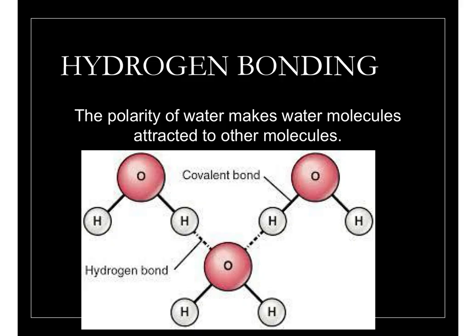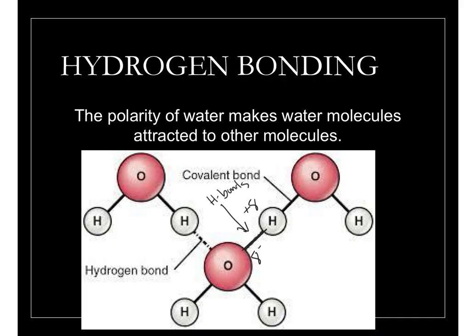When we have two water molecules, the partial negative charge of my oxygen is attracted to the partial positive of my hydrogen, and as a result we form hydrogen bonds.